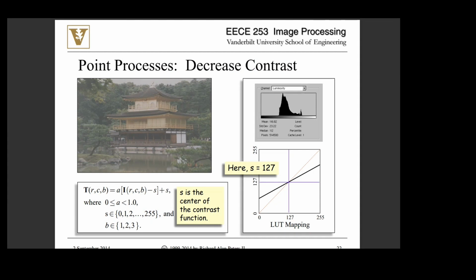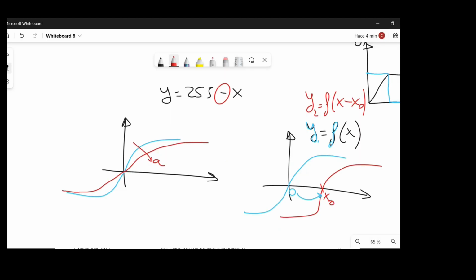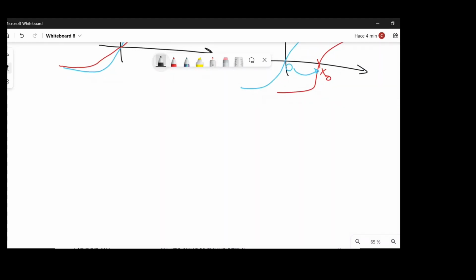So let's look at what this function is. Let's see. I'll write it here. That transformation was written like this: y equals x plus s.